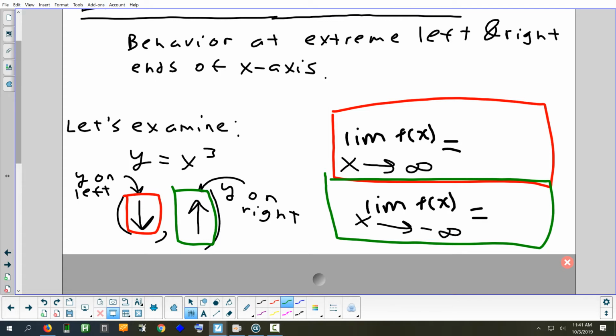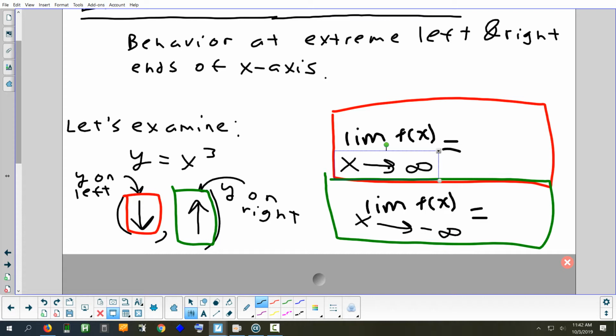Let me read this to you exactly the way you'd pronounce it, and then I'll simplify and explain it a little simpler. This says the limit of f of x as x approaches infinity. That's exactly how you read it. Now, f of x is a different way to describe what letter? Y. So limit means what's happening to y as x heads towards infinity.